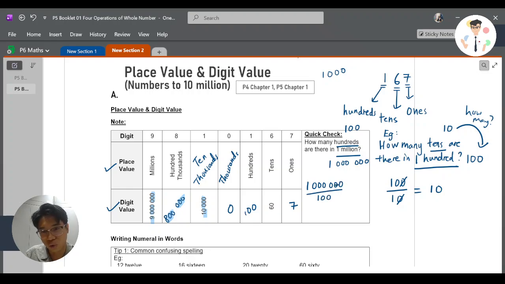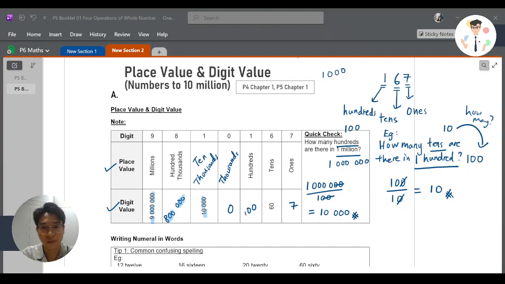We just remove the two 0s, and we have 10,000. 10,000 divided by 1 is still the same, 10,000. So if I were to ask you again, how many hundreds are there in 1 million? The answer is very simple, 10,000. And we are done for this part.